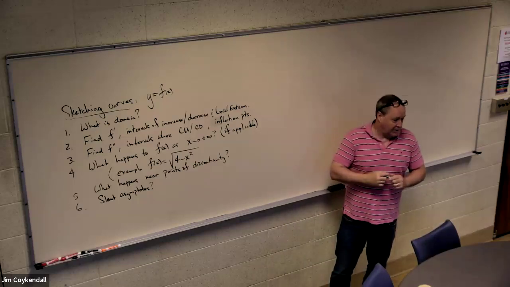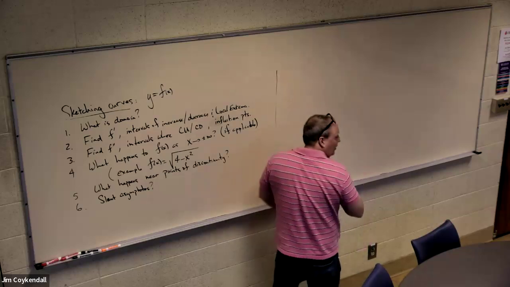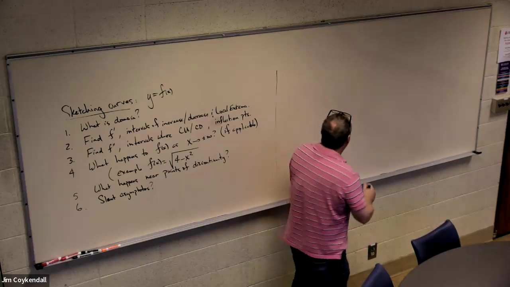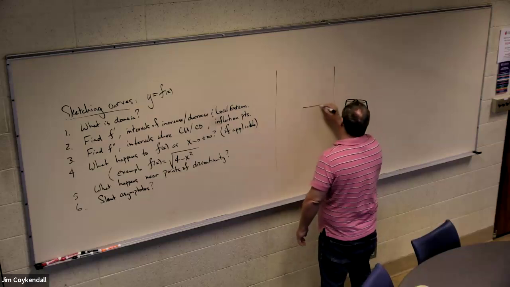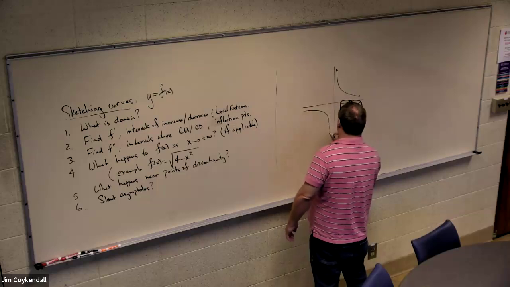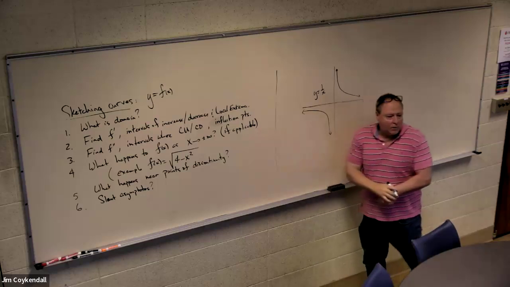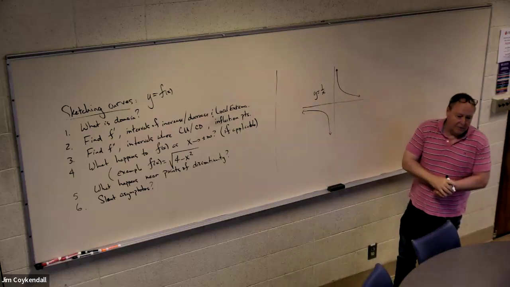You all know what a vertical asymptote is. You all know what a horizontal asymptote is, right? You got a function that looks like this. Y equals 0 is a horizontal asymptote in both directions, right?